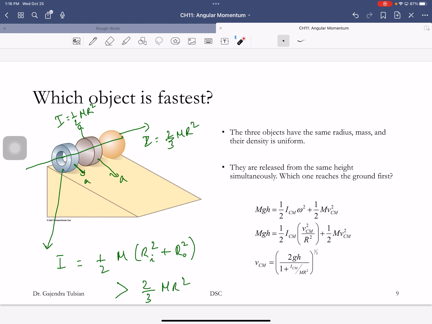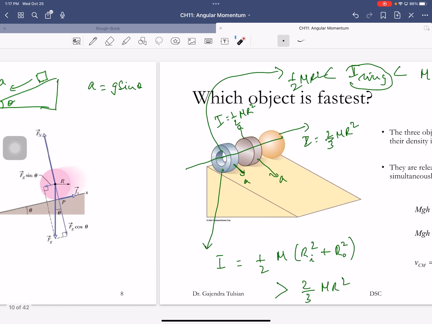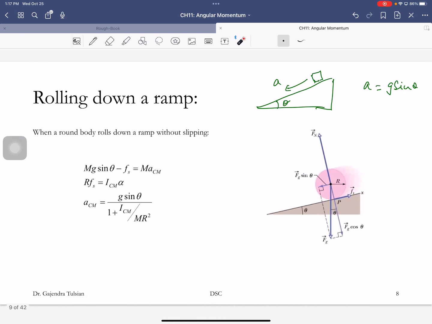It just depends on this one's moment of inertia. I for the ring is between 1/2 mr squared and mr squared. So when its moment of inertia is greater than 2/3 mr squared, then it will be behind that one. Anyway, the point is, the greater your moment of inertia, the smaller your acceleration.